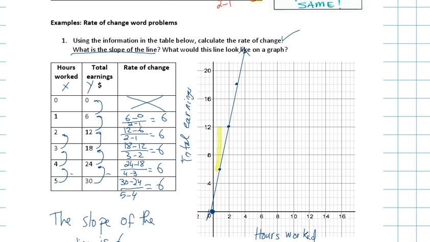So my rise is 6, run is 1, so that's 6 over 1. The ratio is the same. If you take 2 points and find the slope, it's going to be 6. It's increasing, it's not decreasing, it's going up. Are we okay with this?